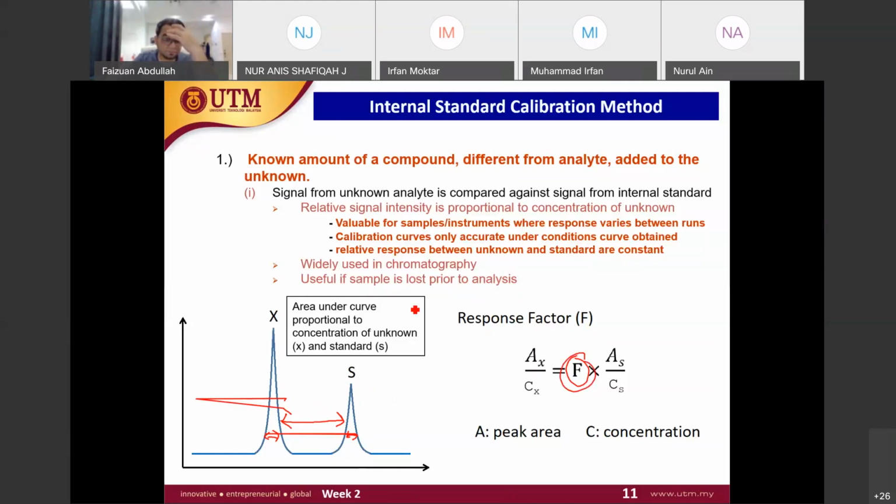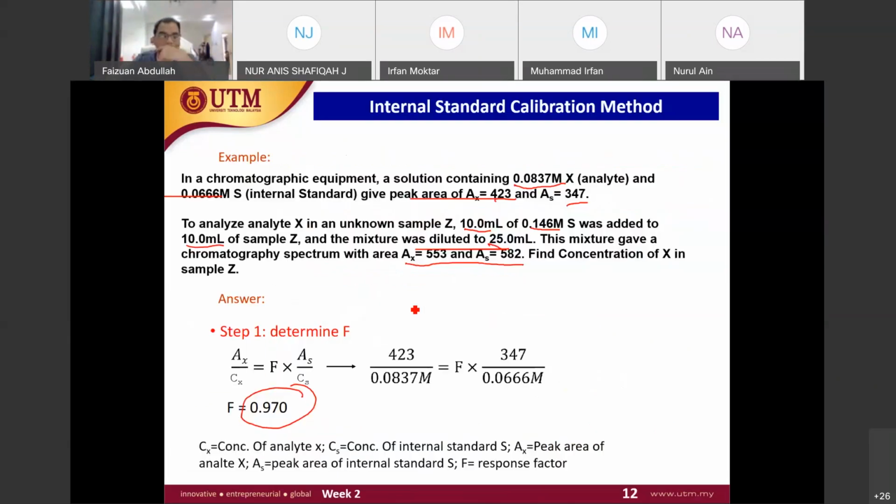If we have the complete information or the incomplete information, so just fill in the equation.